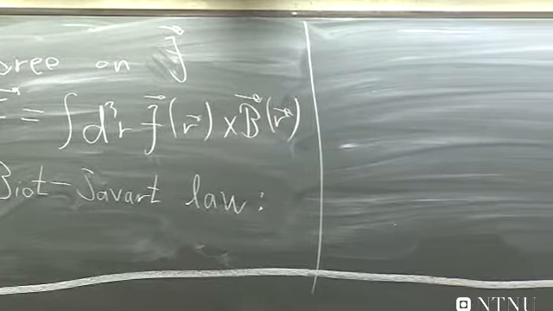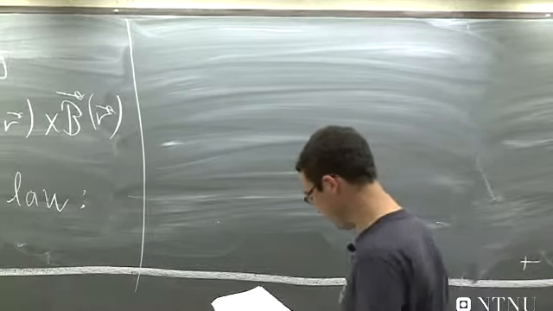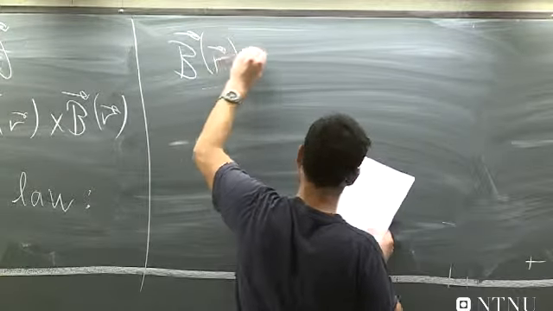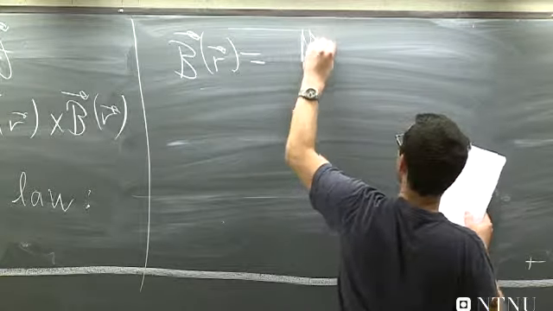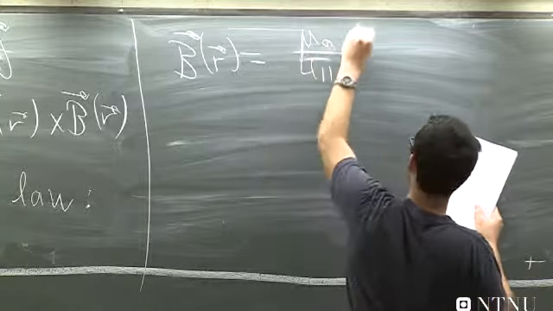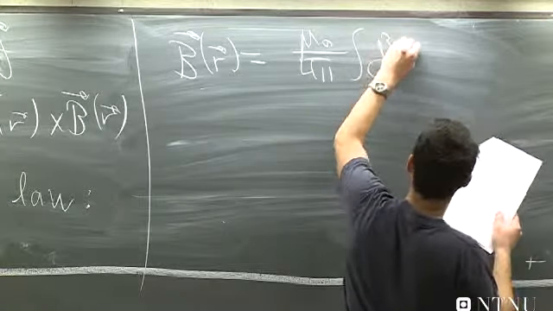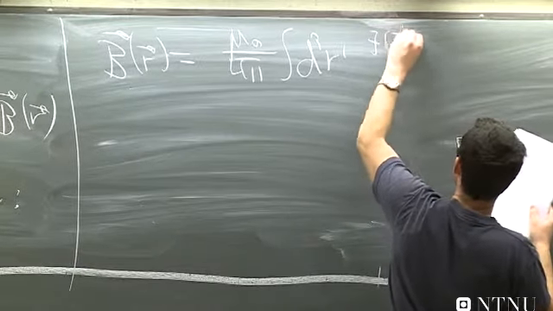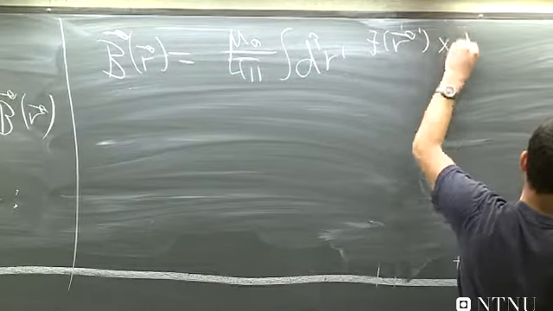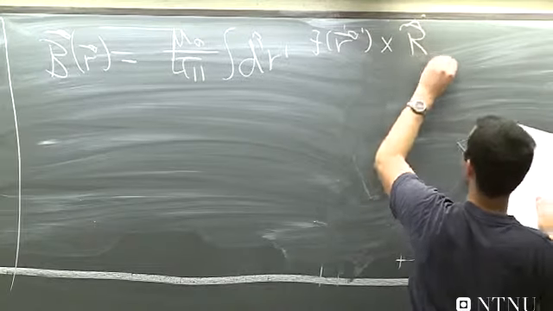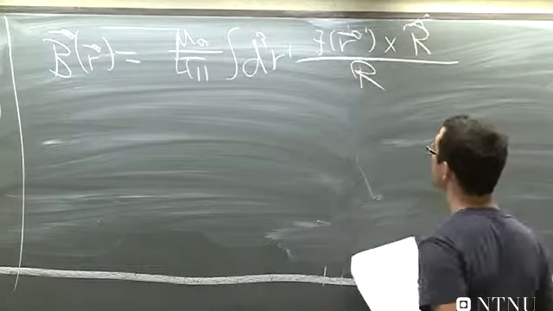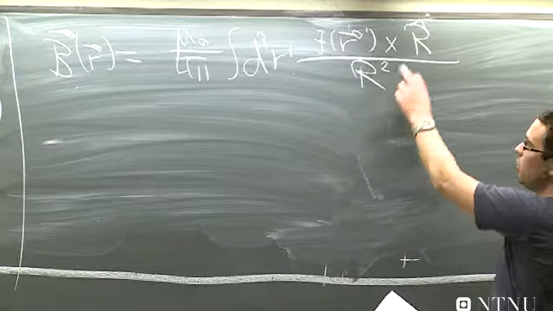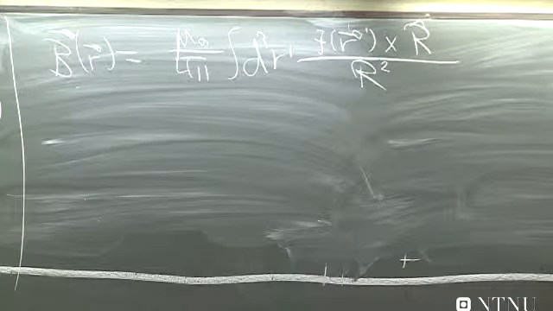It's the same as the Coulomb law for charges. It looks a bit like the Coulomb law as well, except there's this cross product which makes things a bit more complicated.